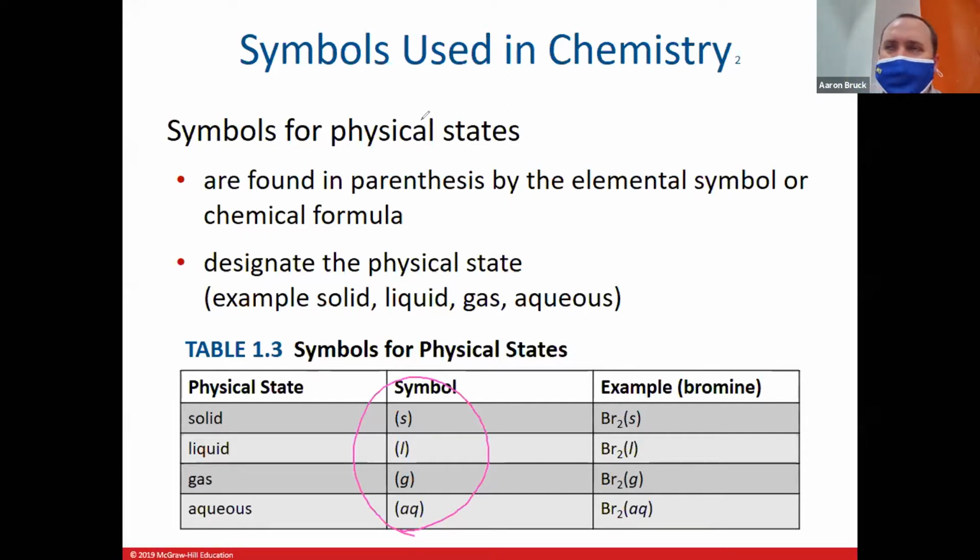Now, we talked about solid, liquid, and gas already. The 4th one, AQ, stands in for something that we call the aqueous state. Can anyone conjure up what we might mean by aqueous as far as a physical state of matter is concerned?